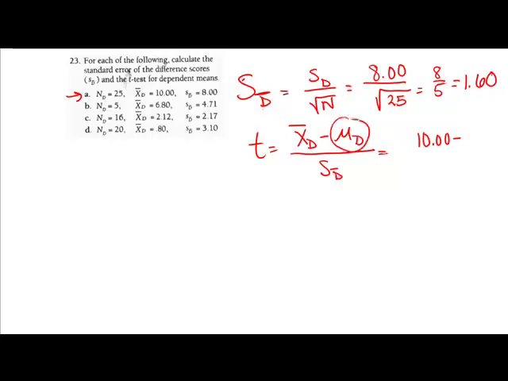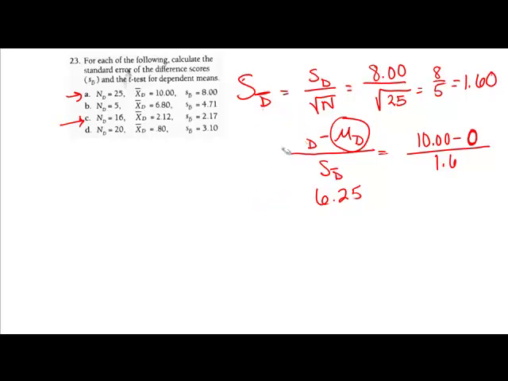Where is this? Well, remember, our null hypothesis says there is no difference. So this is going to be a big fat 0. 10 divided by 1.6 is 6.25. Let's double check, see if we're right. Yep. Okay. So hit pause, and why don't you do C, and then when you come back, I will take a look at the answers.